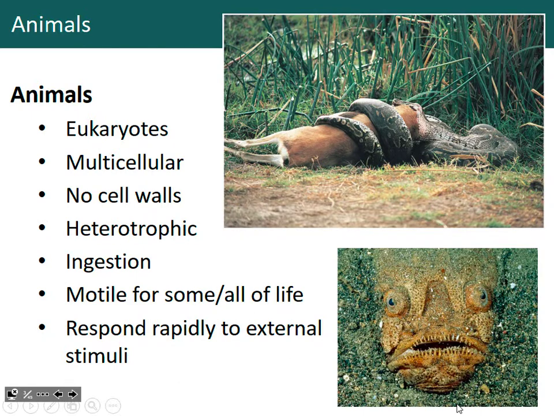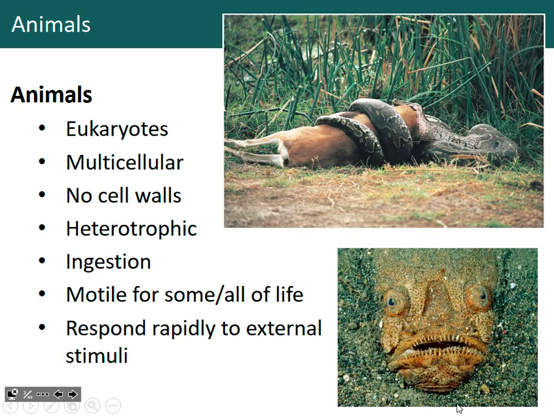So unlike fungus, which exude their enzymes onto the surface of things and then absorb those molecules in their feeding, all of our animals have some sort of mouth and some sort of digestive tract that is going to be used for breaking down food and digesting it, okay?